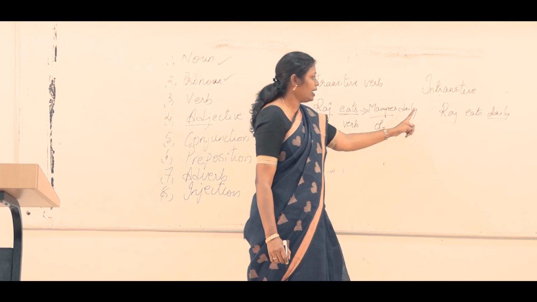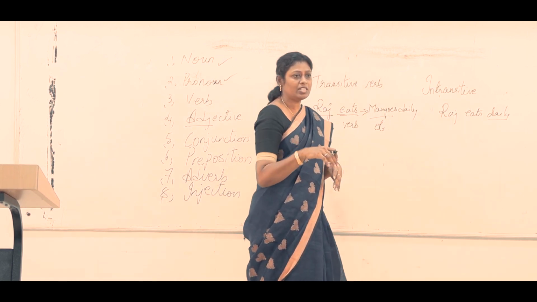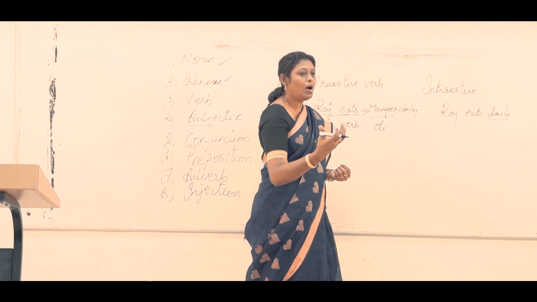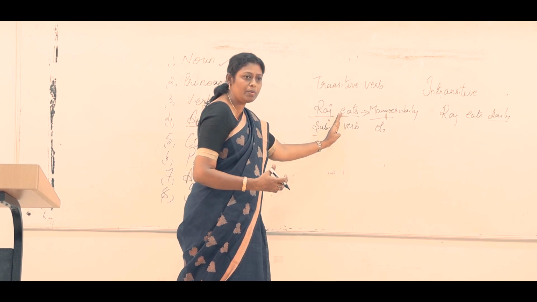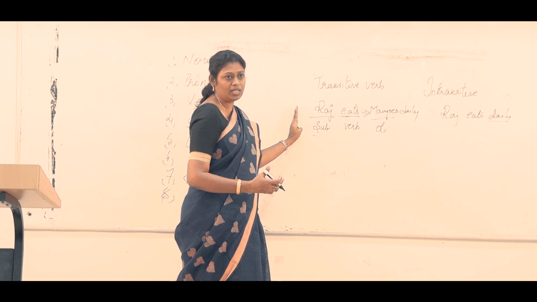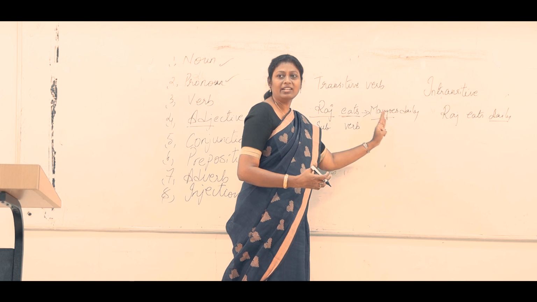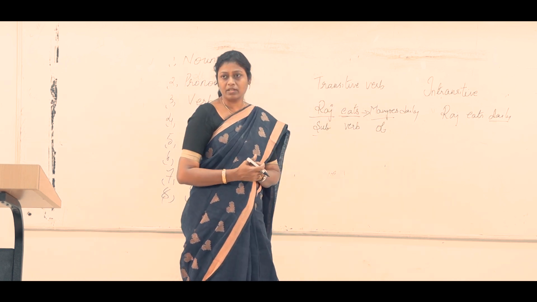Understood? In the first one, Raj eats mangoes daily. Now I said Raj eats daily, and the object is missing here. So how do I know whether there is an object or not? You have to put a question, guys. The verb is here: what is Raj eating? When you get an answer, that means the verb carries an object, so it is said to be transitive.